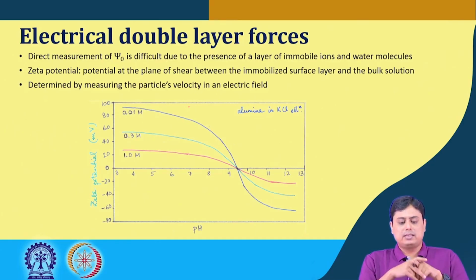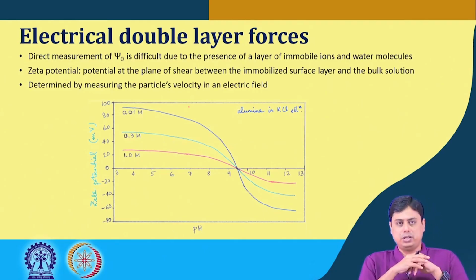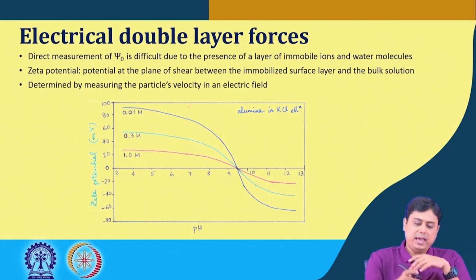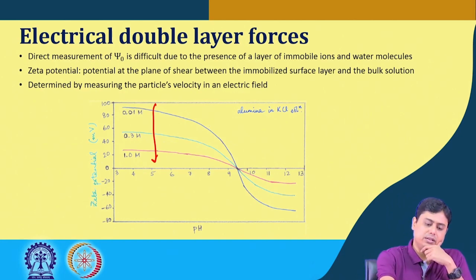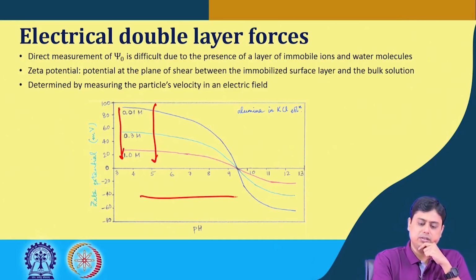This schematic shows the variation of zeta potential with salt concentration and pH. We see that as the salt concentration increases, the zeta potential decreases. As the pH increases, the zeta potential also decreases.